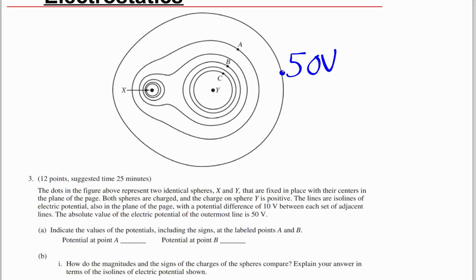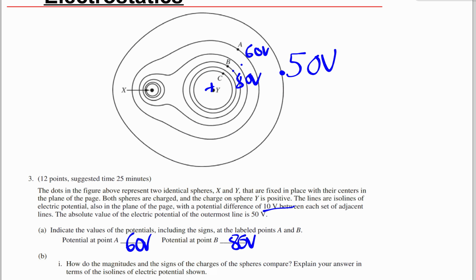Okay, so Y is positive, so the closer we get to positive, the more we're going to be going up. And it's 10 volts between lines, so this guy's going to be 60 volts, 70, 80 volts. So we have 60 volts and 80 volts. And C would be 100 volts if we keep going.